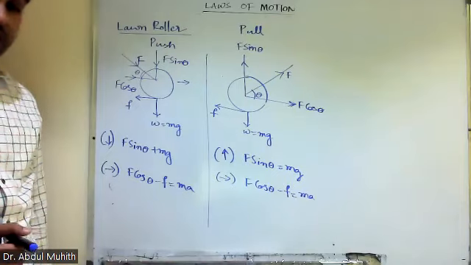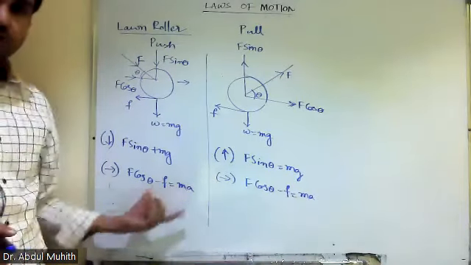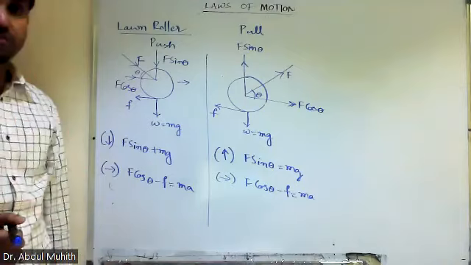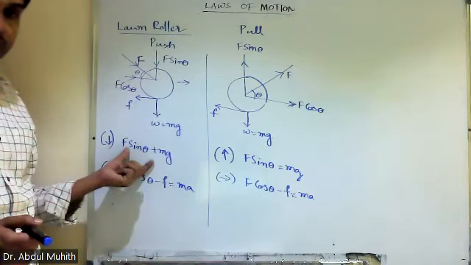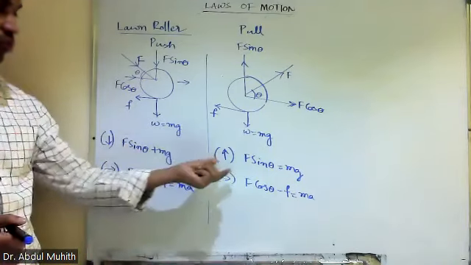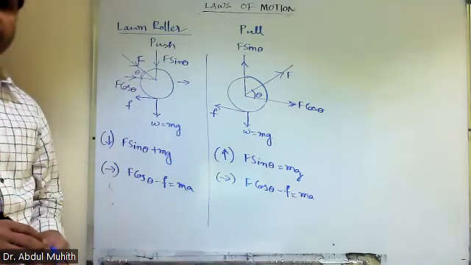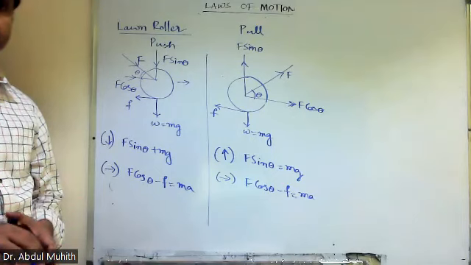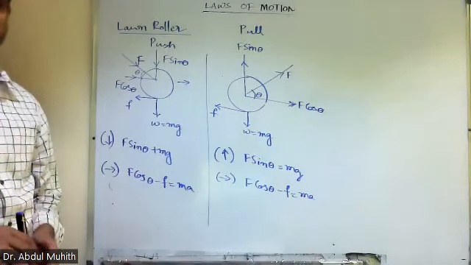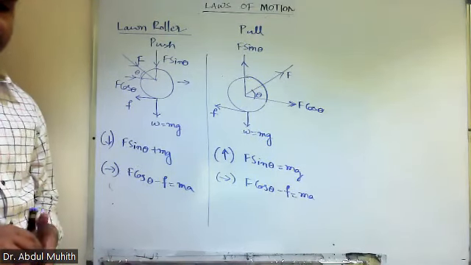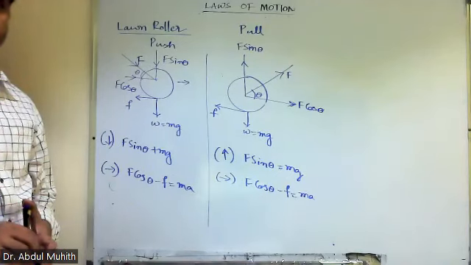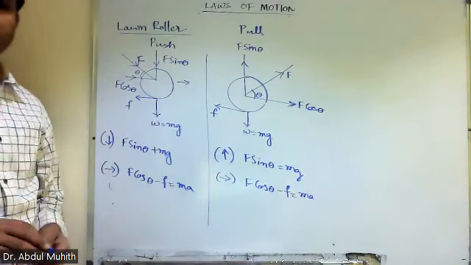So what is easier now? The second one is same, no change. The horizontal, no change. But vertical, it is more. Downward force is more. But here it is not like that. So what do you think? Is it easier to push or pull? Pull. Yeah. Is it easier to push or pull now?